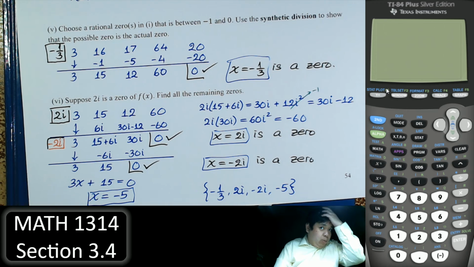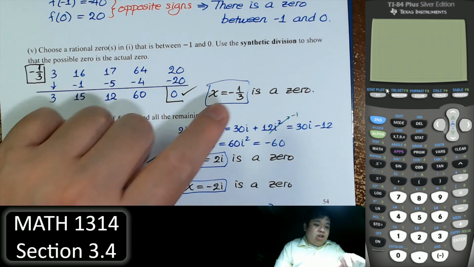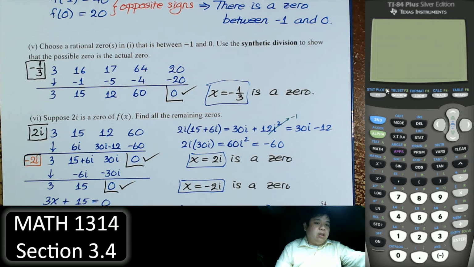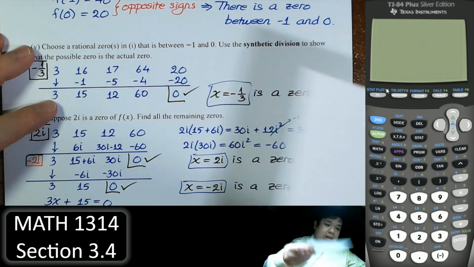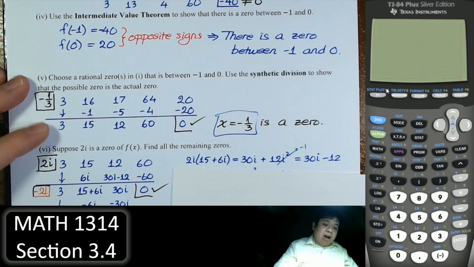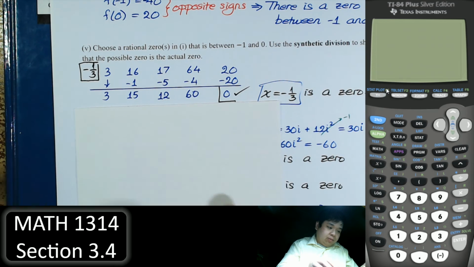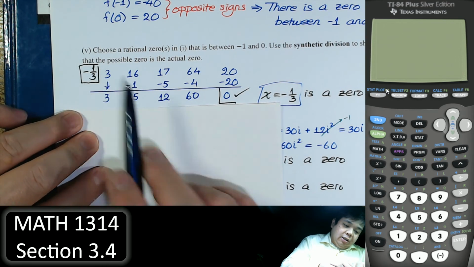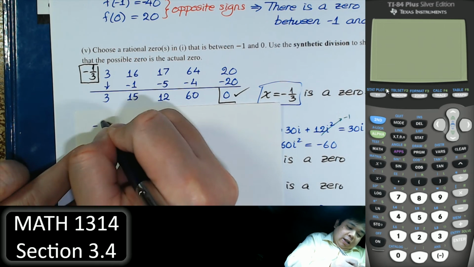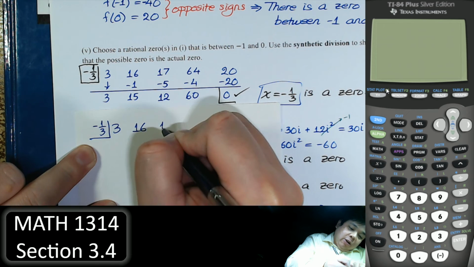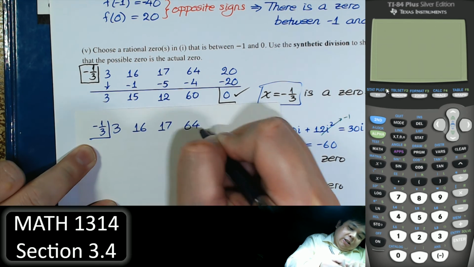That is, of course, if we don't have the calculator. If we have a calculator, we can check. We show that negative 1/3 is the solution. I will do that quickly. If we have a calculator, it shows that negative 1/3 and 5 are the solutions. If we have the calculator, this will be a lot easier.